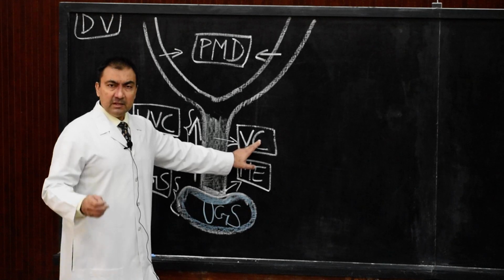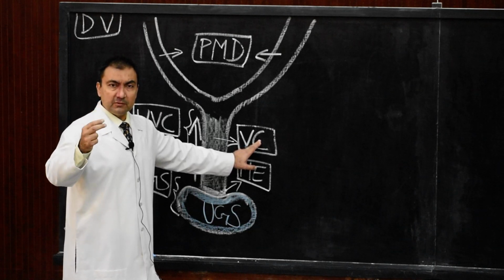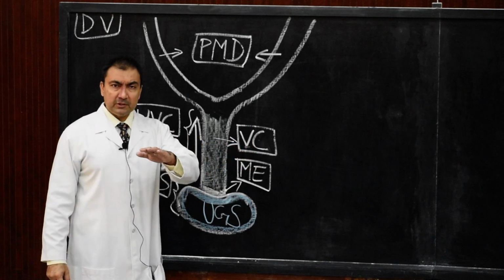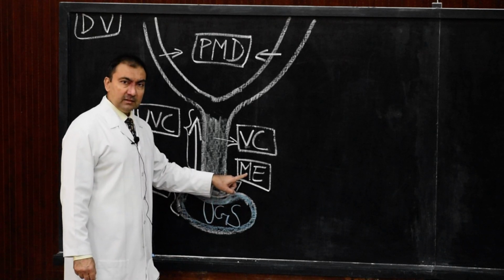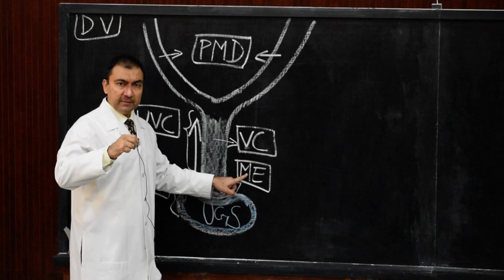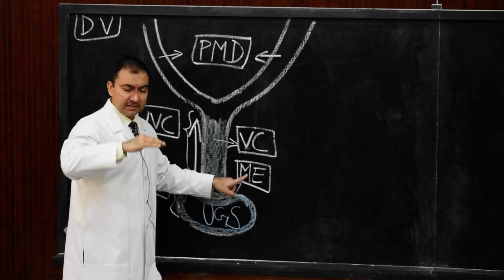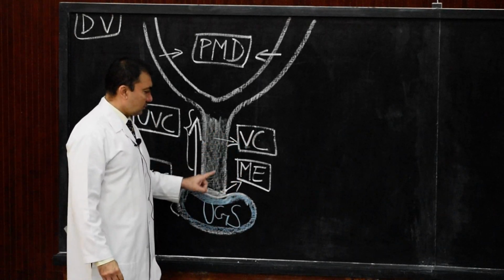What is vaginal cord? It is a proliferation of mesodermal cells from the caudalmost tip of uterovaginal canal, also known as Mullerian eminence. So the mesodermal cells of the Mullerian eminence will proliferate upwards in caudocranial direction, from caudal end to cranial end, and they will form the vaginal cord.